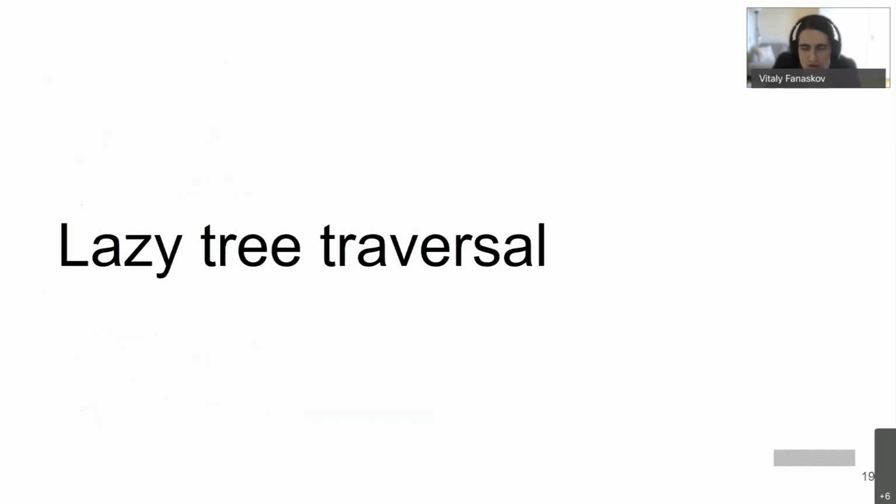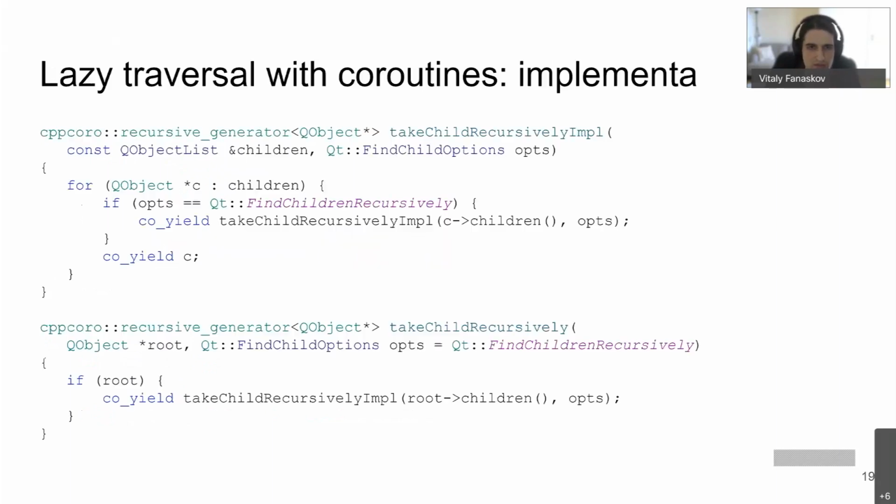So now, how can we utilize those things for lazy tree traversal in C++? There are only two simple functions you need to implement. The first function just checks whether this is the root or not, and if so, it yields the implementation function that recursively goes down the tree and starts yielding child by child.